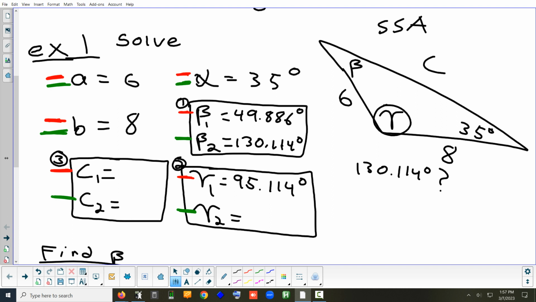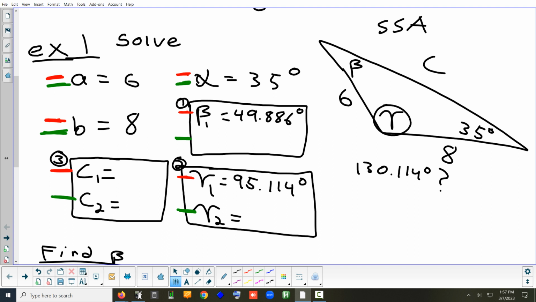Now, you could at this point go do C1. Okay, but while I'm doing the angles, I like to just finish those off first. Okay. Can somebody else tell me how are we going to get gamma 2? What are the angles involved with finding that? 35 and 130.114.